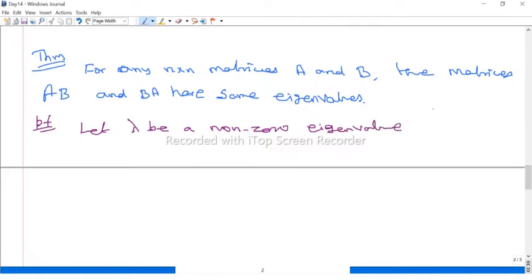If you take one arbitrary eigenvalue of the matrix AB, then we have to prove that lambda is also an eigenvalue of BA. By the definition of lambda being an eigenvalue, there is some non-zero vector V such that AB V equals lambda times V. That is the definition.